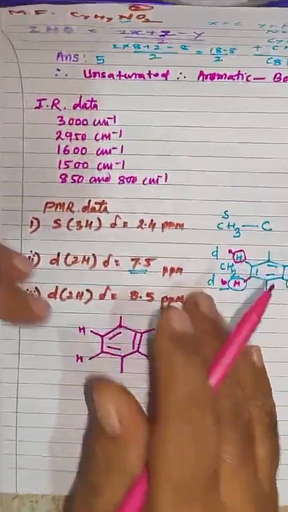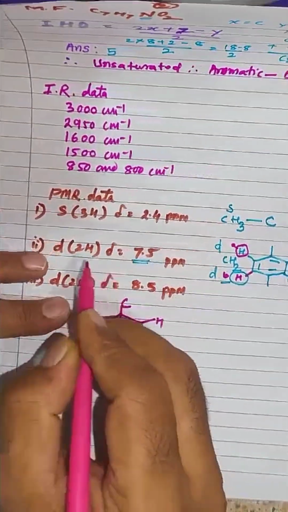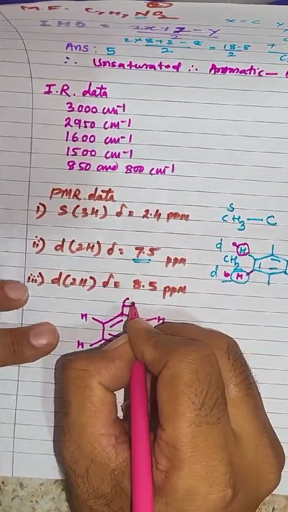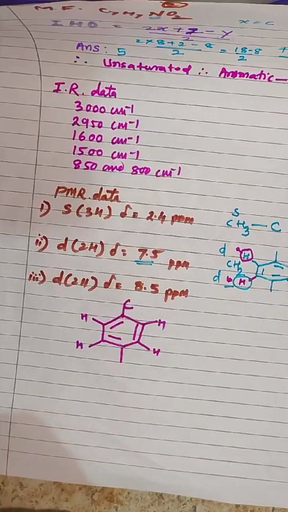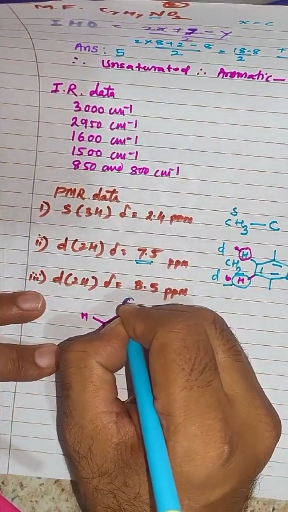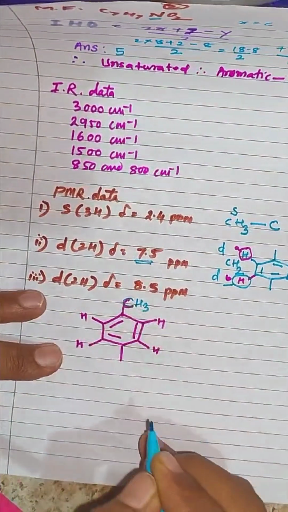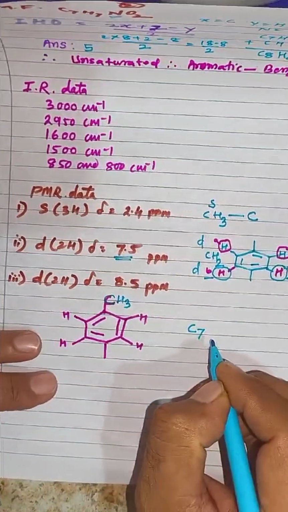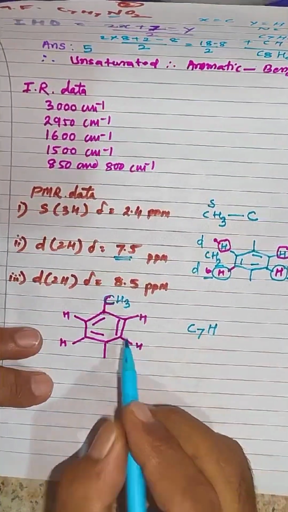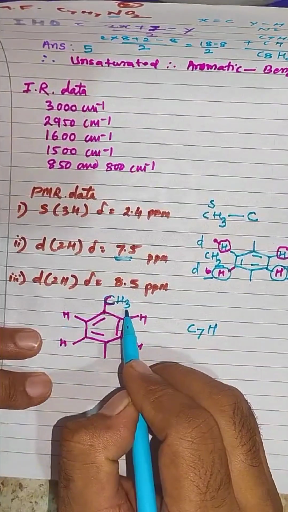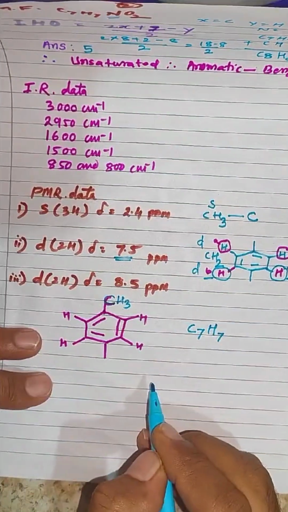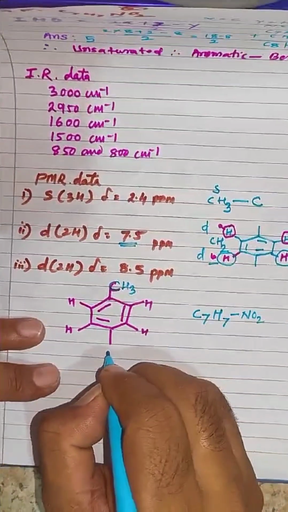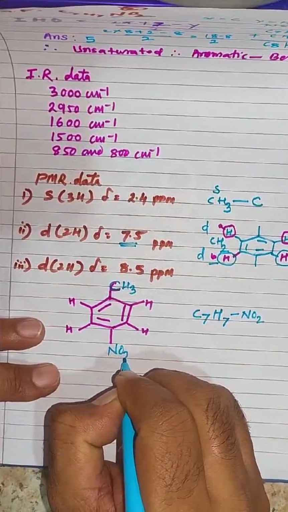So there is only one more carbon, and the first signal shows there is a methyl group present, so I can write the methyl group directly here. The carbon count is 7, and the hydrogen count is also 7. Now what is left? Only NO2, so I can write NO2 directly here.